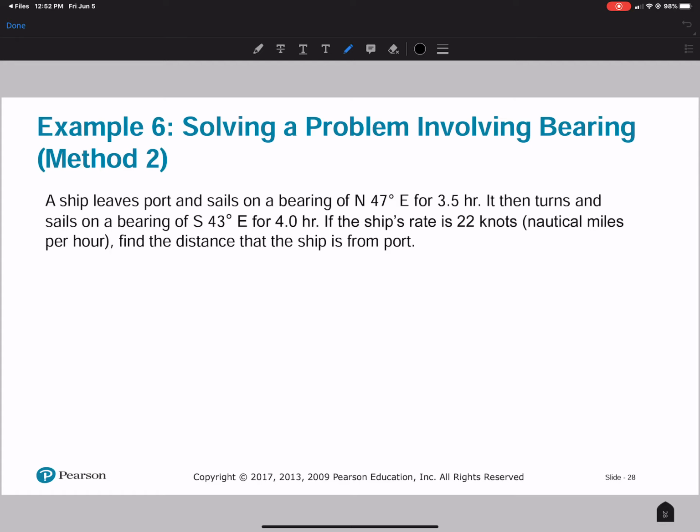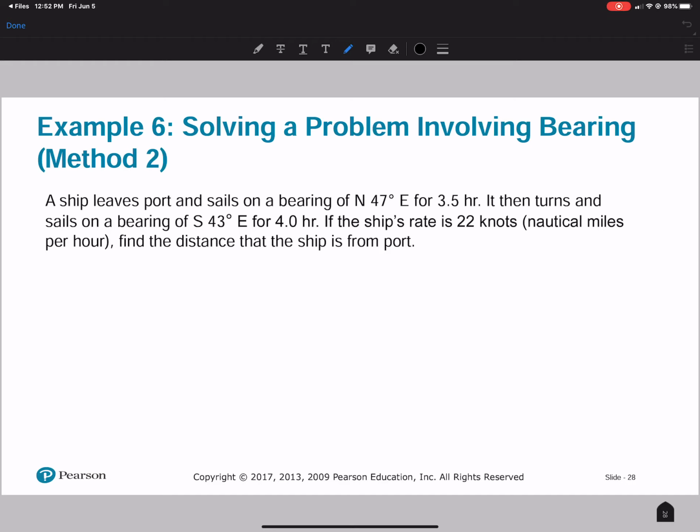Then for 3.5 hours, it turns and sails on a bearing of south 43 degrees east, for a total of 4 hours. If the ship's rate is 22 knots, nautical miles per hour, find the distance from that ship and its port.